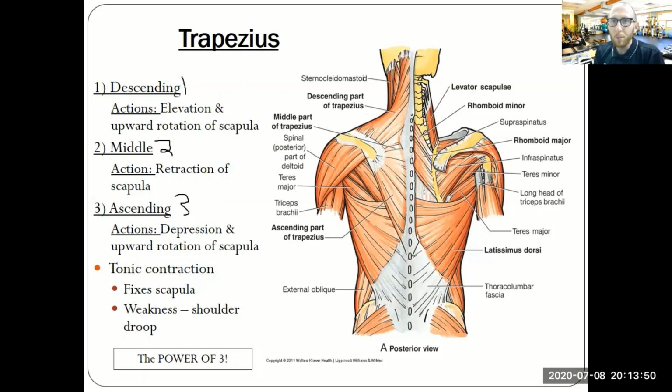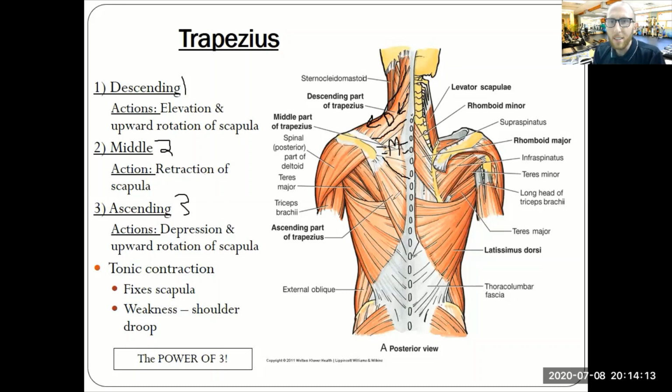Now I'm going to split it here, and really you split it by the muscle fibers. Noticing that the descending fibers are literally going downward from the neck, versus the middle fibers, these run straight across.